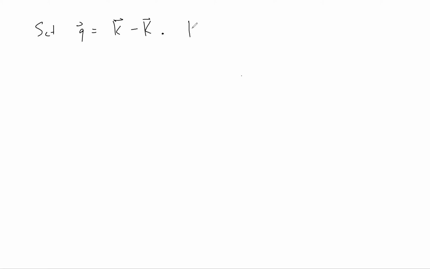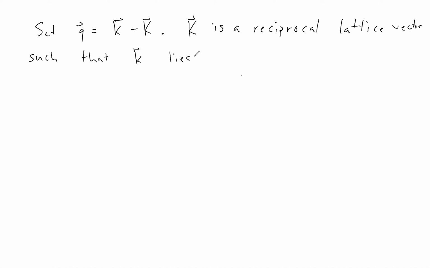So big K is a reciprocal lattice vector such that little k lies in the first Brillouin zone.